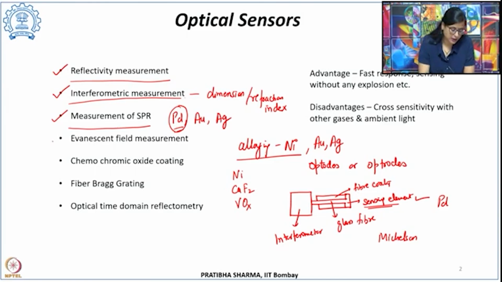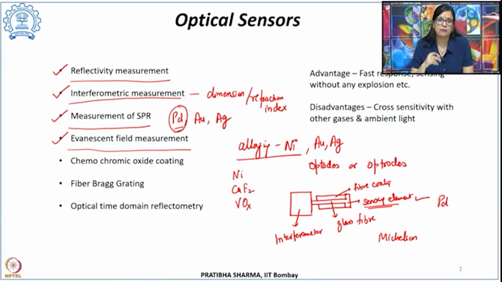Now another method could be evanescent field measurement. This evanescent field is an electromagnetic field which is created at the border, or boundary, or we will say interface, of two types of mediums.